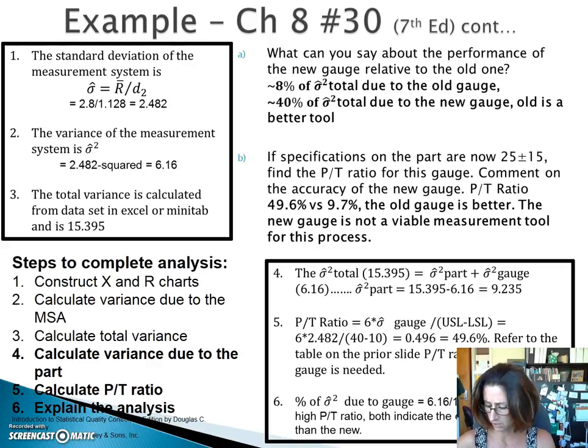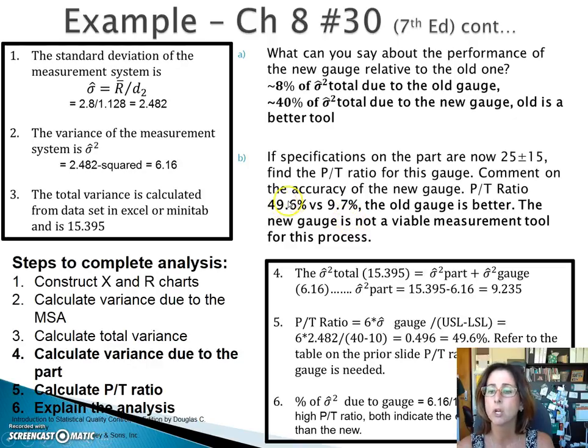That was 0.887. 6 times 0.887, divided by the new limits, 40 minus 10, gives you 9.7%, a little different than we saw before. Actually, if you do it with the new specification limits, that gives you a number of 18%.